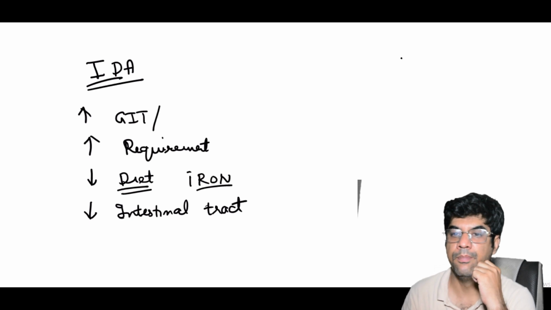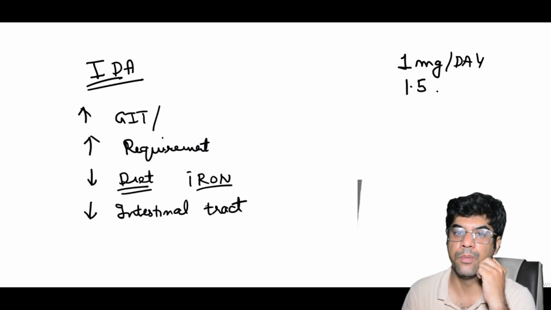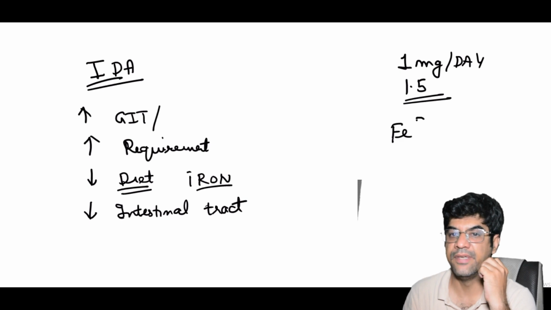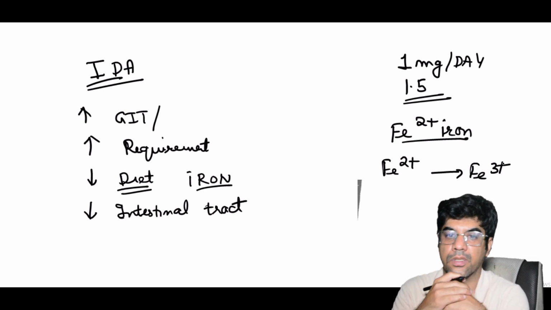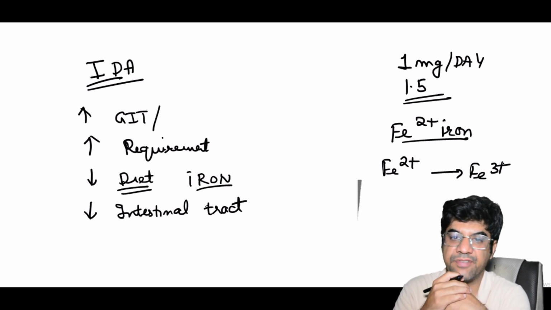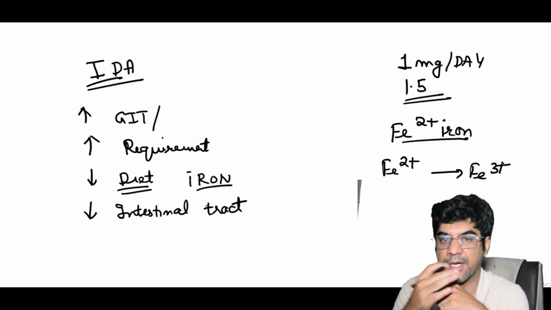Remember that men absorb around 1 milligram of iron per day, and women absorb around 1.5 milligrams. The daily iron is absorbed in which state? It is the ferrous state. This ferrous state is converted into the ferric state in the body. The iron binds to transferrin in the plasma for transport.